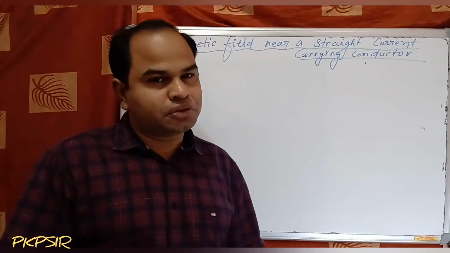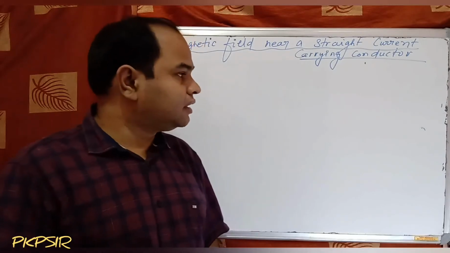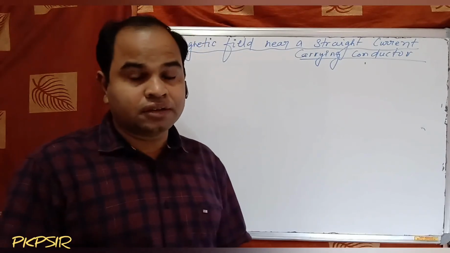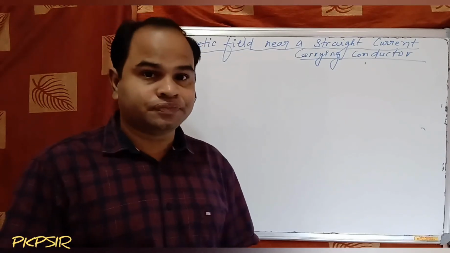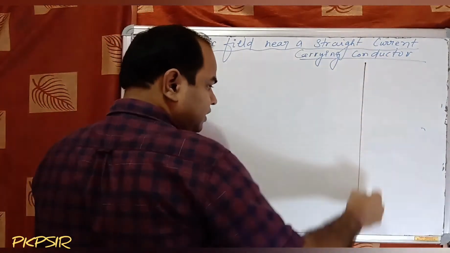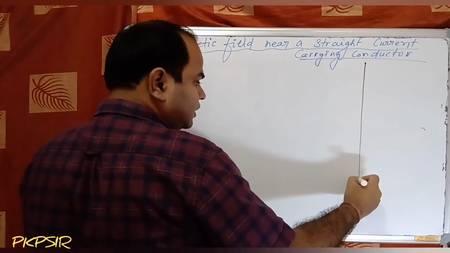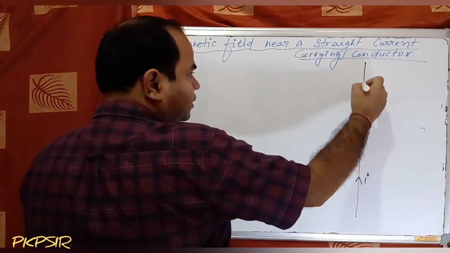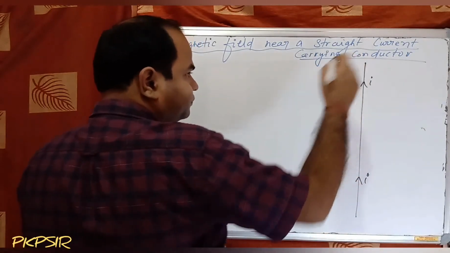To find the magnitude of magnetic field near a long straight current carrying conductor, let us take a straight current carrying conductor carrying current I in upward direction.